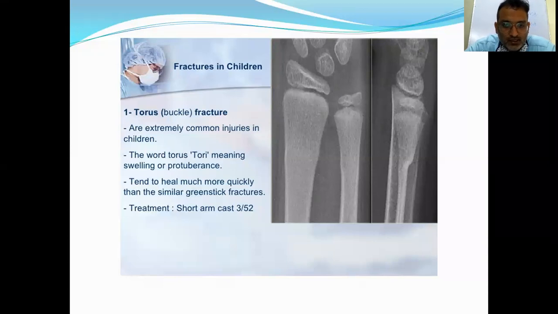As you can see in the slide, there is a small protuberance or swelling. They tend to heal much more quickly than similar types of greenstick fractures where one cortex is fractured. How do you treat them? You treat them with a below-elbow short arm cast. This type of torus or buckling fracture is more common in children.